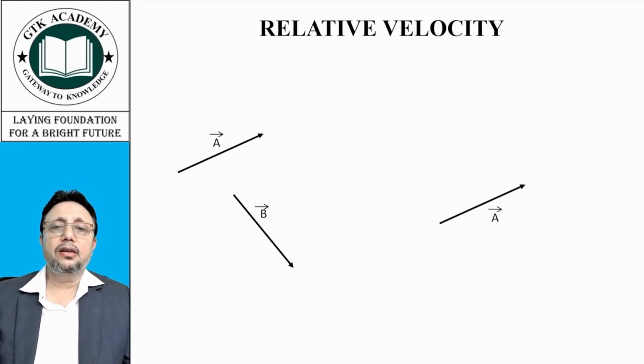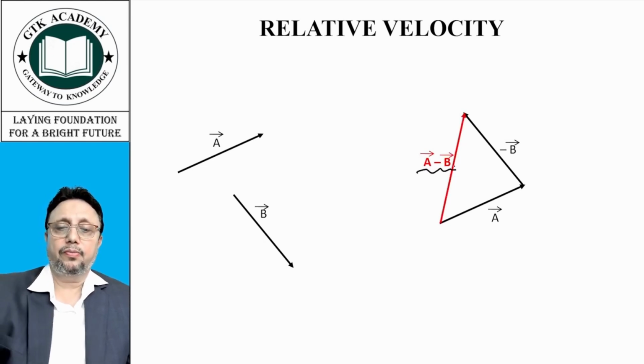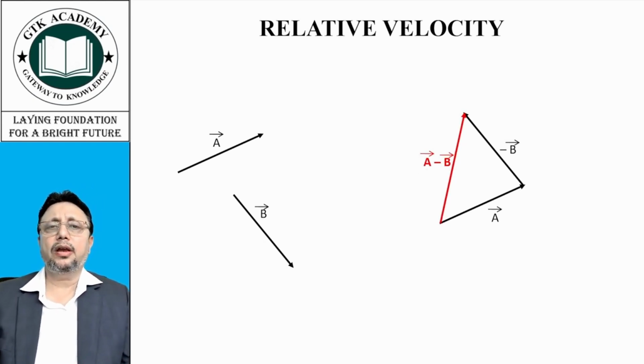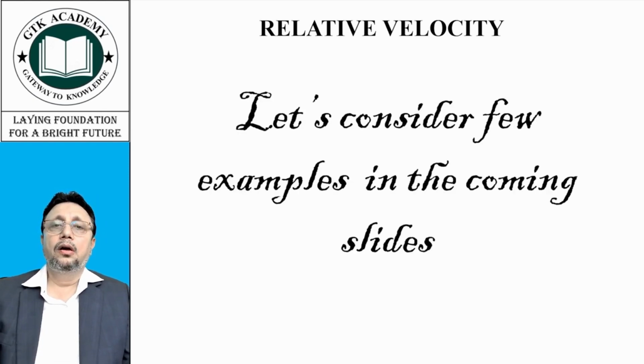Take this A vector and add B like this, multiplying B by minus, so its direction will change. So this vector is going to be A minus B vector. I hope you are clear with this right now. Now let's consider a few examples in the coming slide.